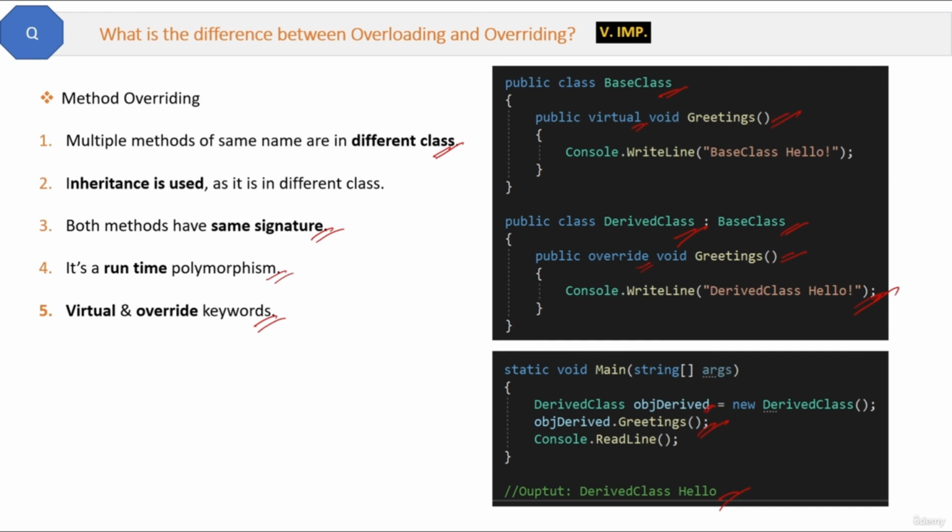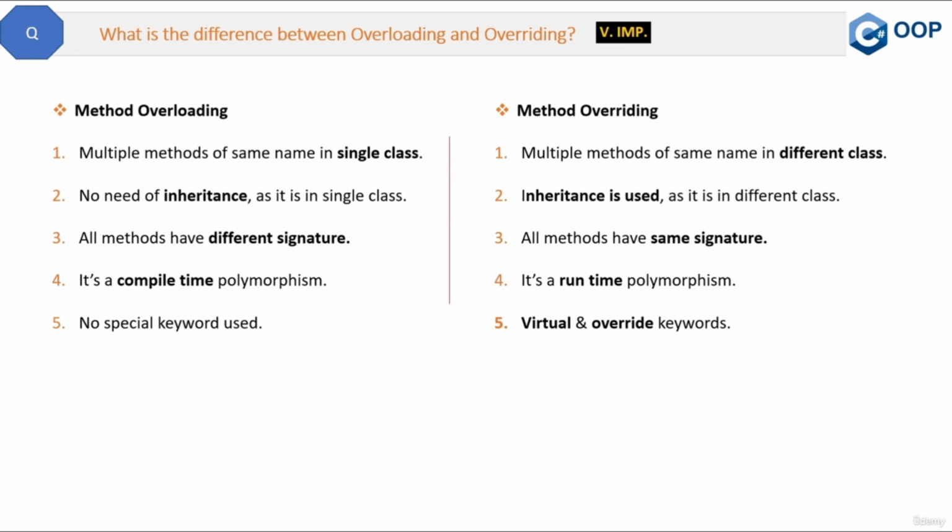Now, if we compare these points with method overloading, here are the differences. In method overloading, multiple methods of the same name are in a single class. In method overriding, multiple methods of the same name are in different classes. In method overloading, there is no need of inheritance as it is in the same class. But in method overriding, inheritance, base class and derived class are there as it is in different classes.